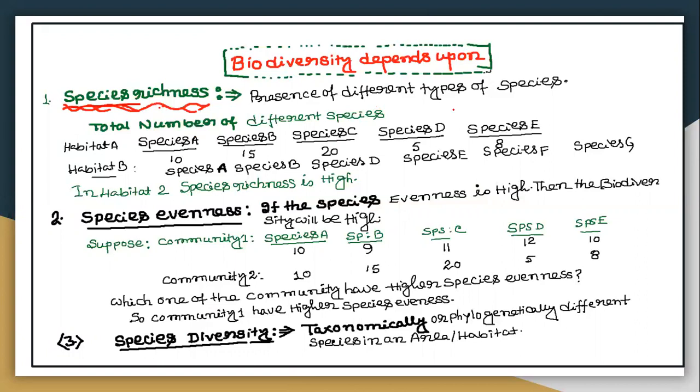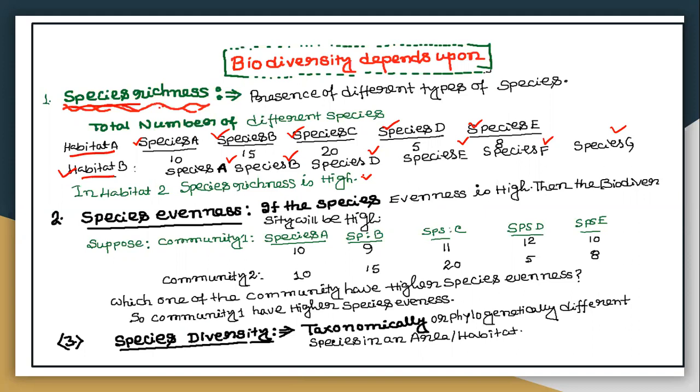Suppose habitat A has species A, B, C, D, E. But in habitat B there are species A, B, D, E, F and G. So more species are present in habitat B, so its species richness is high. Species richness high means biodiversity is high.